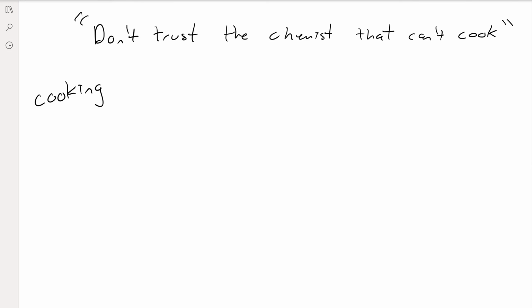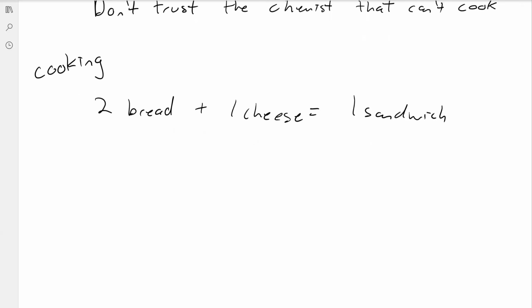chemistry. So, for example, in cooking, maybe you have some kind of recipe where you're going to take two pieces of bread, one slice of cheese, and just make the world's saddest sandwich. Right. So we have our kind of recipe there.